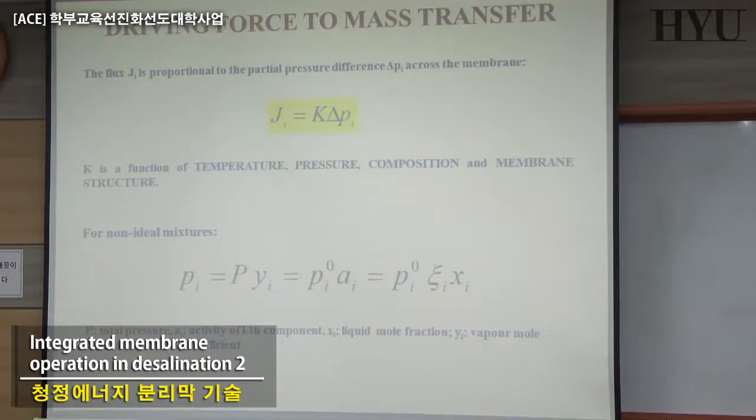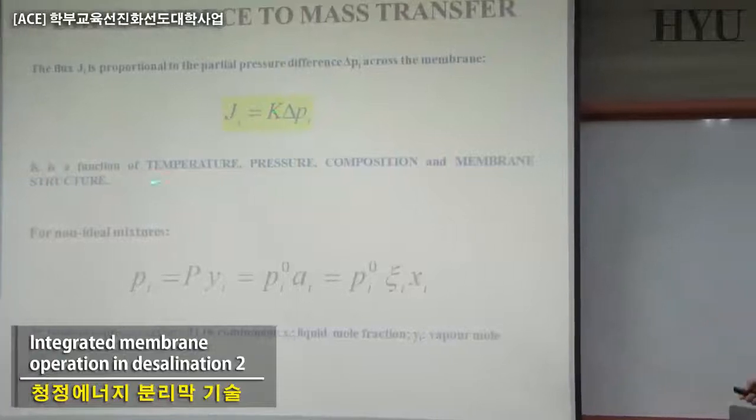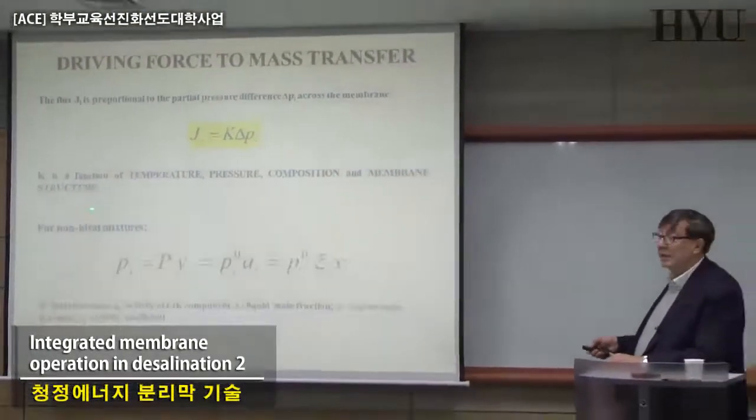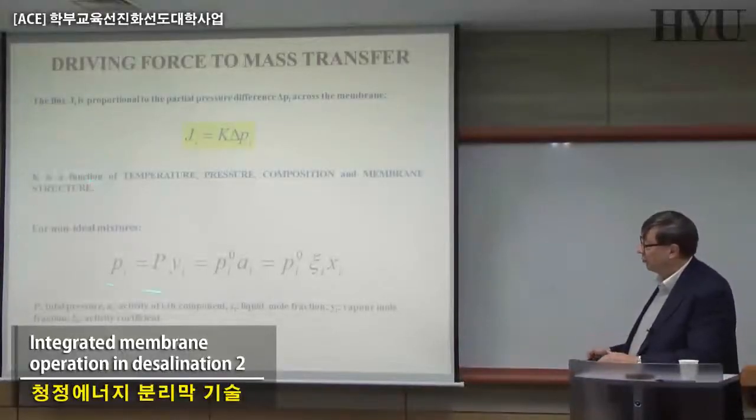Let's go quickly to see some of the basic equations. Also here, the transmembrane flux is proportional to the delta pi, the partial pressure difference across your membranes. And this term of proportionality is a function of pressure, temperature, composition, and membrane basic morphology.